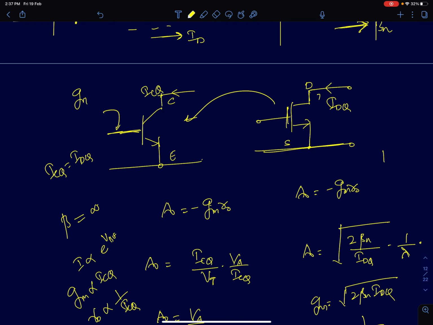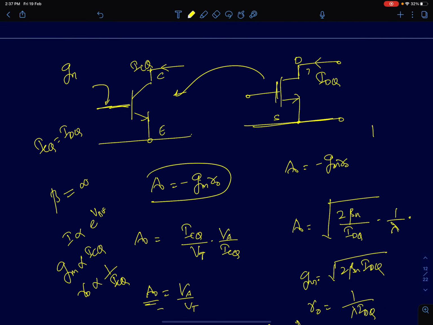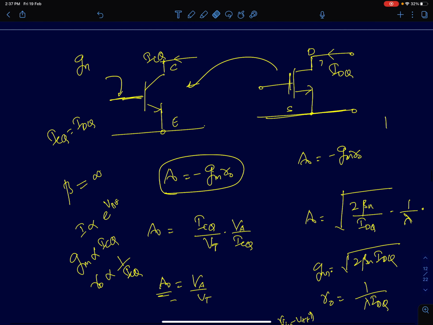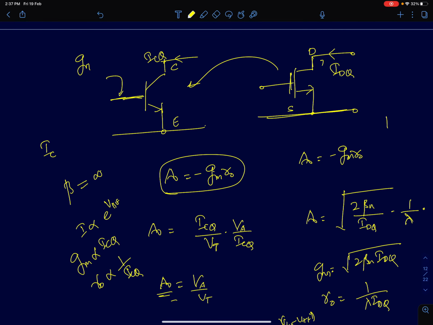In a common emitter configuration, we had already derived that the intrinsic gain is minus GM into R0. And a BJT is an exponential device. If you remember the characteristics of a BJT, the collector current is alpha times IS e power VBE by VT. So there is an exponential dependence of the output current on the input voltage.